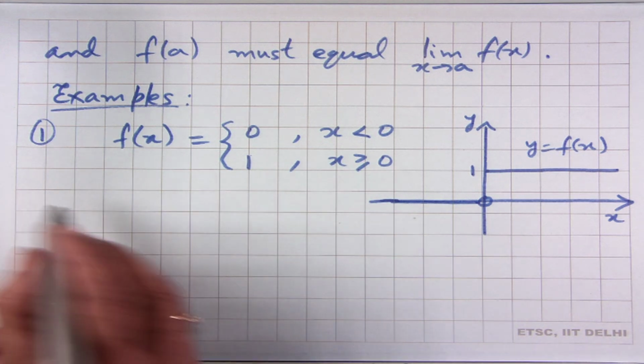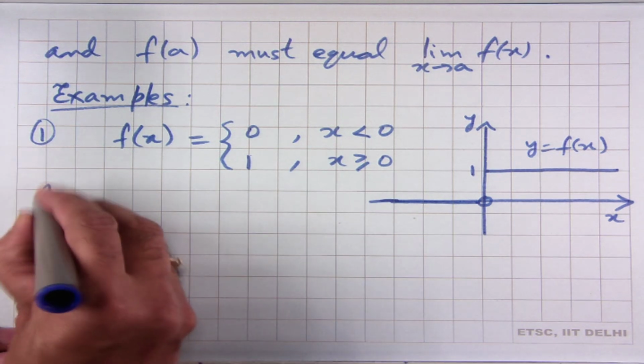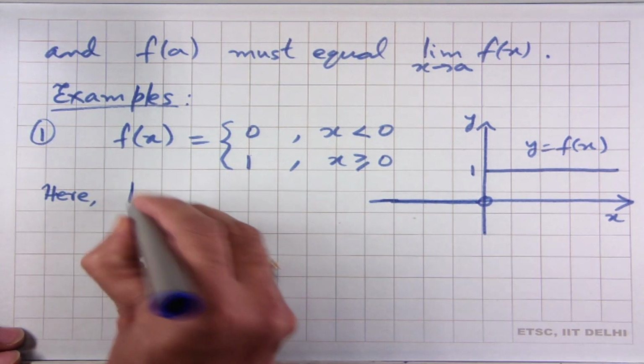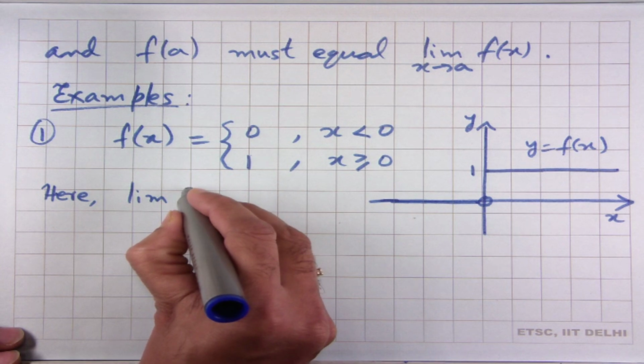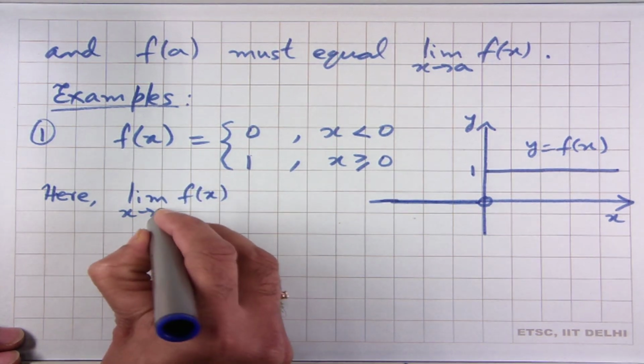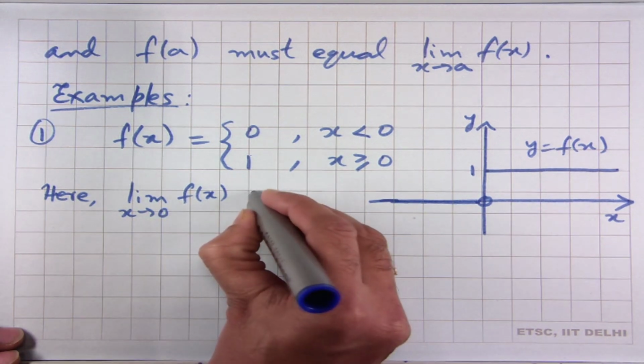Here, the limit of f of x as x approaches 0 does not exist.